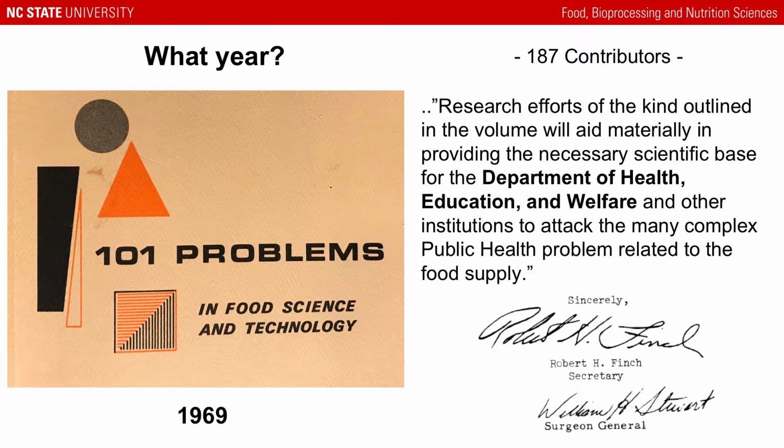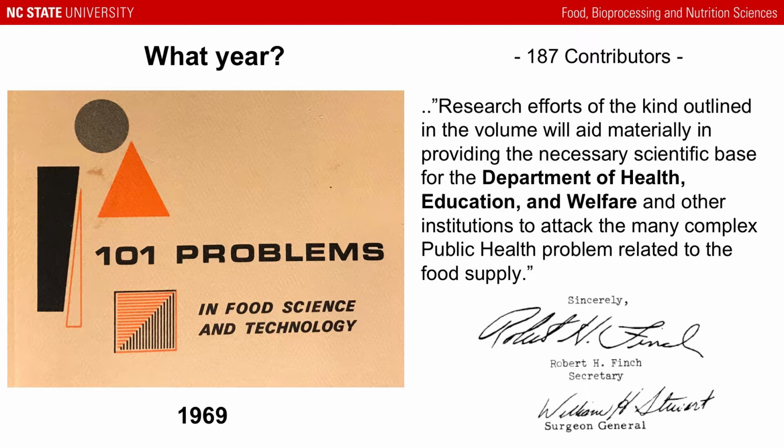186 scientists, and I don't mean this in a derogatory way, not administrators, 186 in-the-trenches scientists contributed to this book. Okay. Here's what you find on the first couple pages.